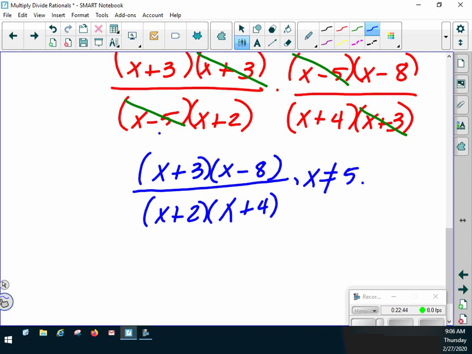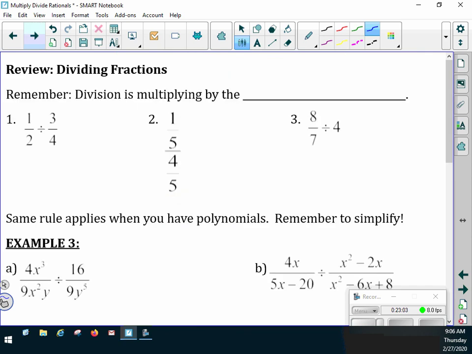So 5, negative 2, negative 4, negative 3. Can the numerator equal 0? Yes, the numerator can equal 0, so that's okay. We're doing good.